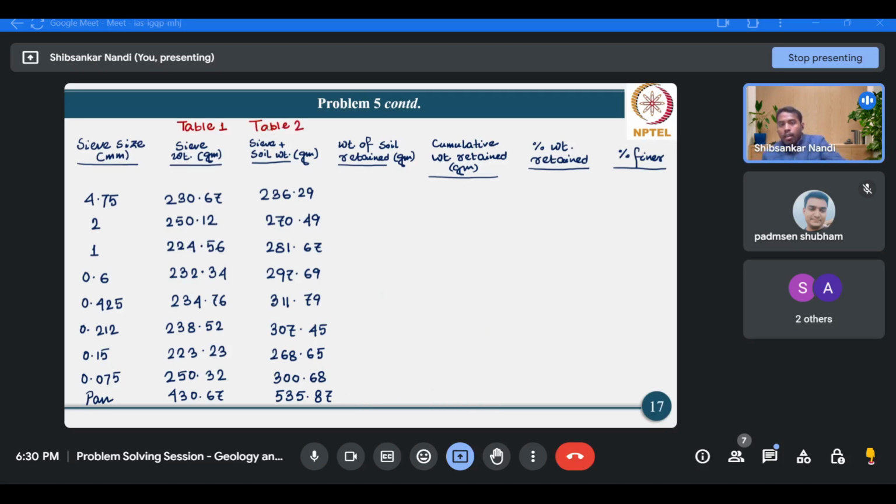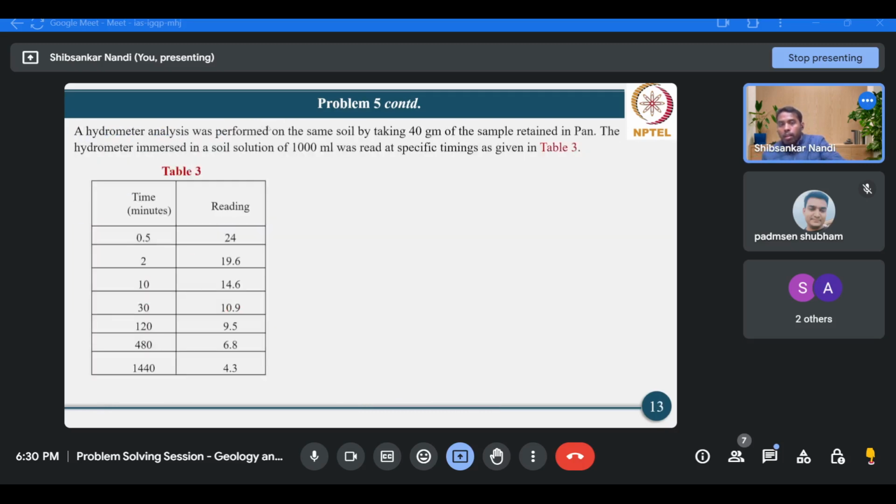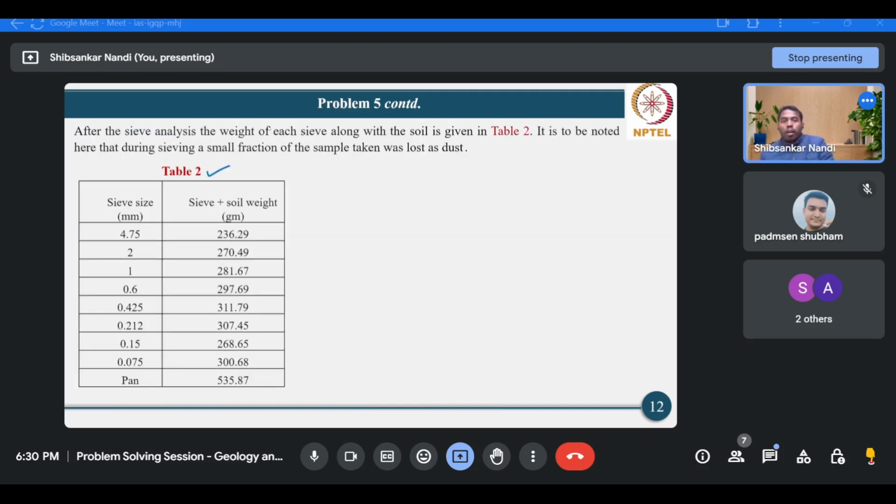I think this is already mentioned in the problem statement itself. It is mentioned that it is to be noted here that during sieving, a small fraction of the sample taken was lost as dust.